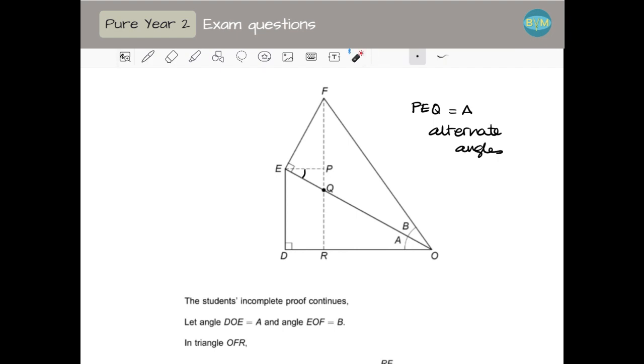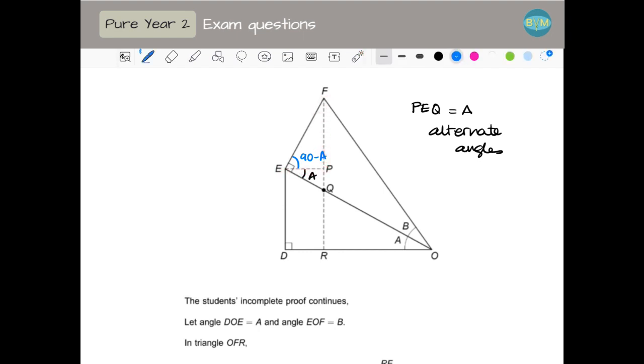Then if this is A, this angle here, as this is a right angle triangle, is going to be 90 minus A. But if you look at this triangle, this is 90, and the whole thing must add up to 180 degrees.